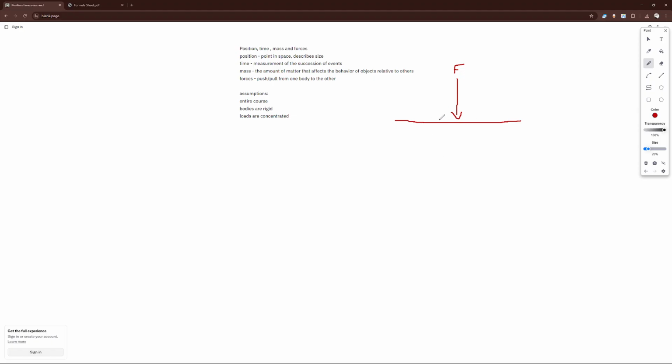Normally it would like distribute out, but for this course we assume that it's concentrated at this one position. So instead of multiple force arrows like you might see in first year statics, you would have loads that are distributed across a section. For this, we're only going to have the one load concentrated right wherever the force is at.